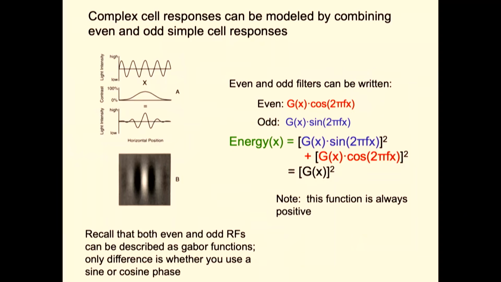I should say that what's implicit in here, which I should make explicit, is the idea that the complex cell is created by combining the responses of simple cells. Just as the simple cell, we believe, could be created by wiring together center surround receptive fields in the LGN, the idea is that the complex cell is created by wiring together simple cells that have the same orientation selectivity and different phase, or even and odd receptive fields.